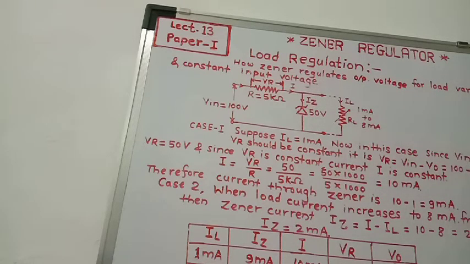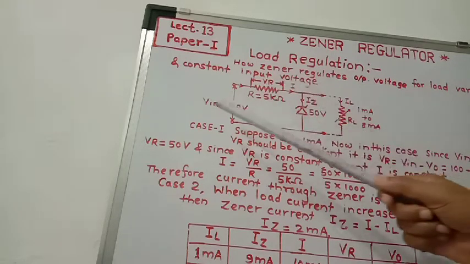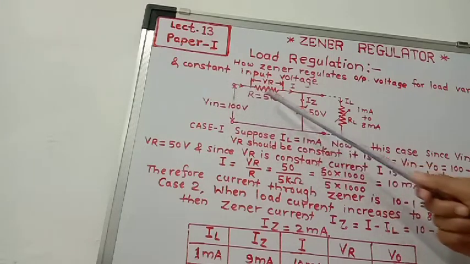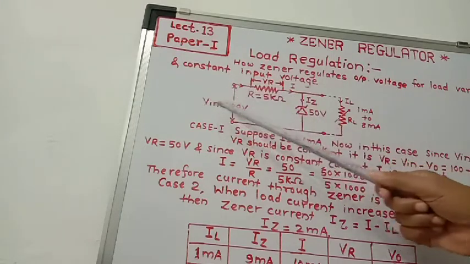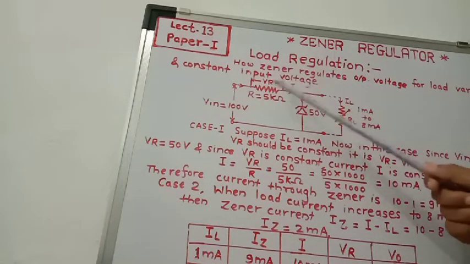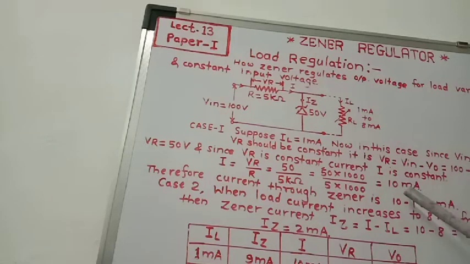Now suppose the load current is increased to 8 milliampere. Since the input voltage is constant at 100 volt, the current I will not change, and we have calculated it as 10 milliampere.